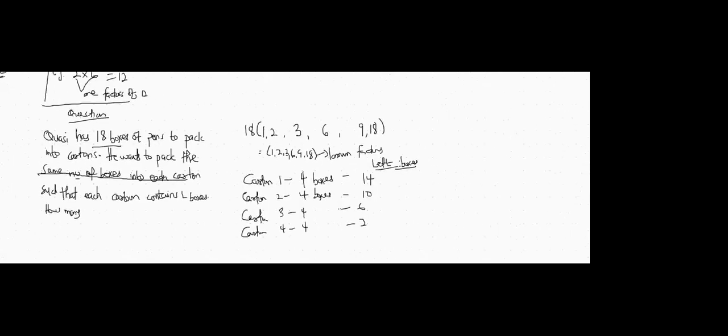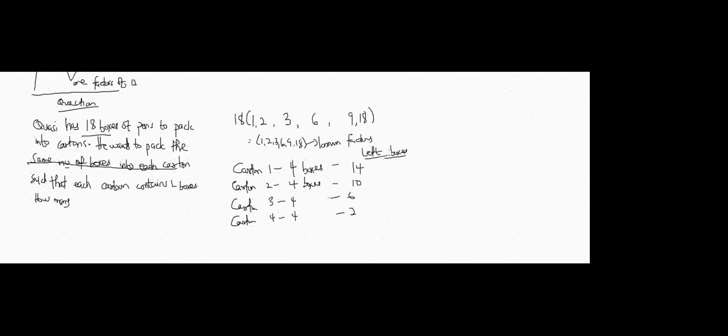Is that okay? So for the first carton, the 4 boxes are taken, and we are left with 14 after I pack the first one, right? For the next carton, I pack 4 boxes, and I am left with 10.